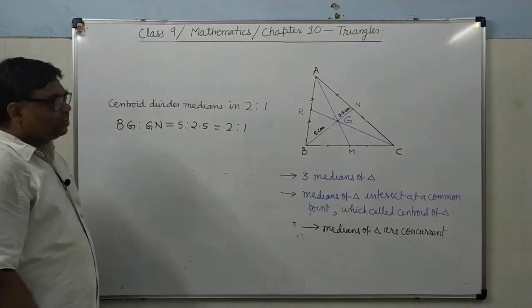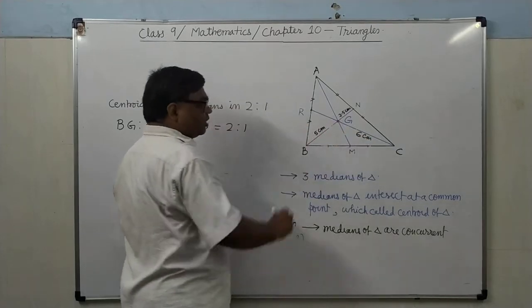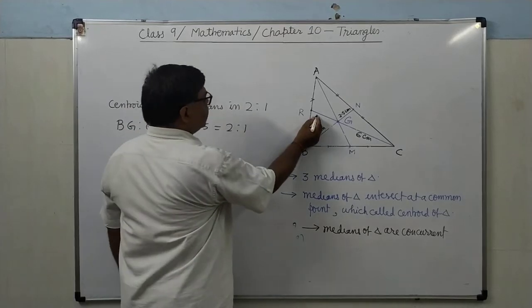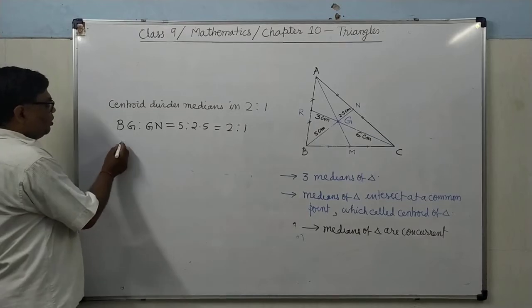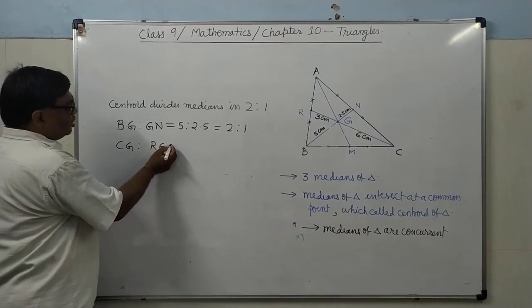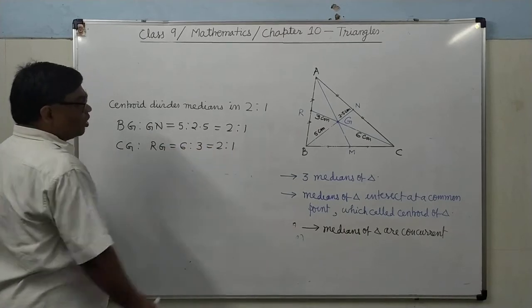If CG equals 6 centimeter, what will be RG? It will be equal to 3 centimeter. Means CG to RG is 6 to 3, that is 2 to 1.